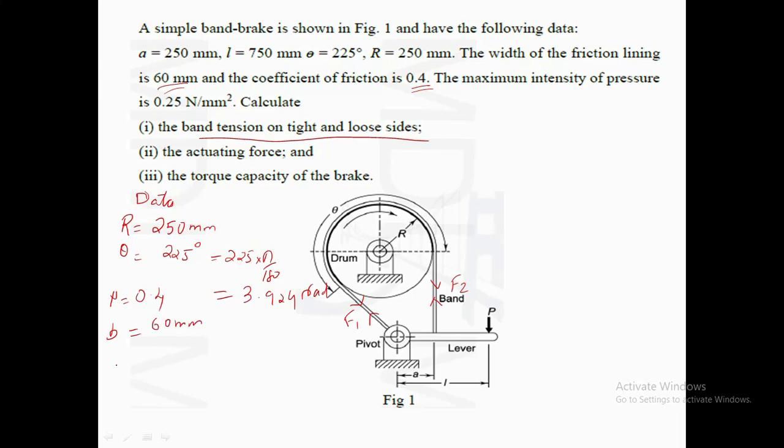And the maximum intensity of pressure, that is the maximum pressure that can be applied here, we call sigma D, is equal to 0.25 Newton per mm square. Okay, you got that. And also the other dimensions, A is 250 mm, and L is 750 mm.